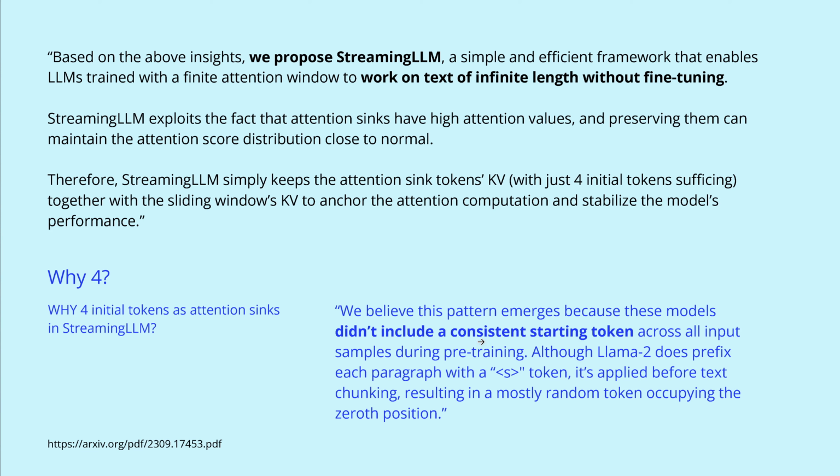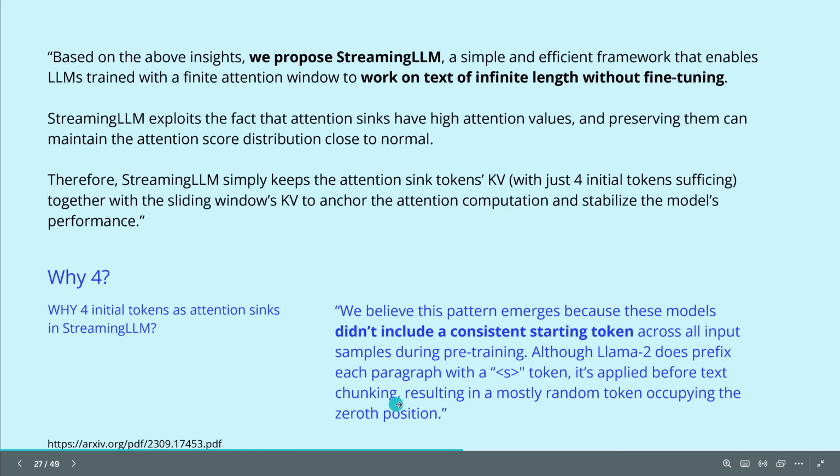But during the pre-training of Llama 2, something happened. Also, the prefix of each paragraph was a special token, applied before the text chunking. So the text chunking mechanism in the pre-training resulted in a mostly random token occupying position 0 in our sequence.